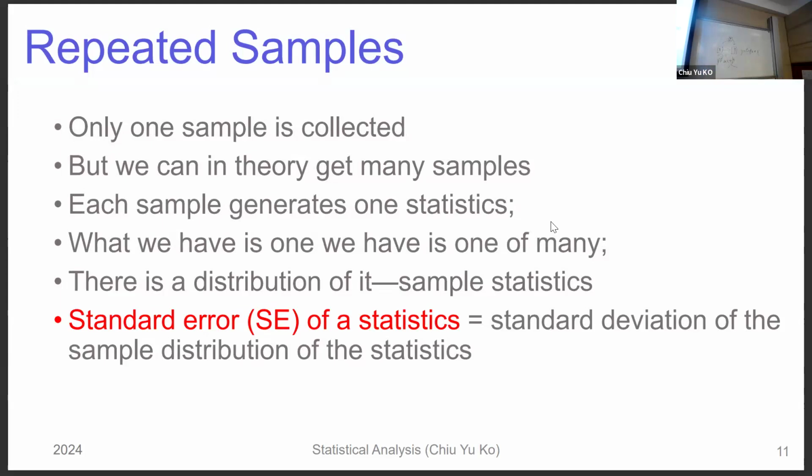Just like sampling, we only have one path in the stock market. We don't have multiple paths. We only collect one sample, we don't collect many samples. So the problem is that what we collect may be by chance we get this result, maybe by chance we don't get the result. How can we make sure that what we get is good?